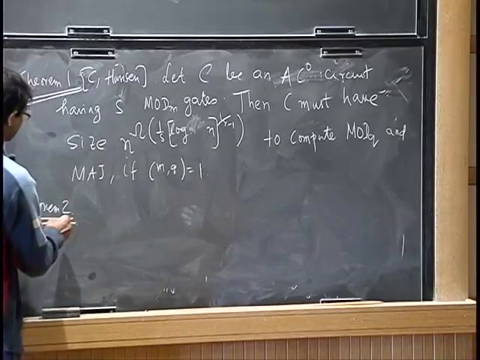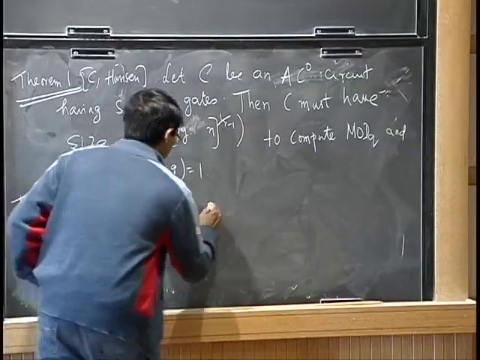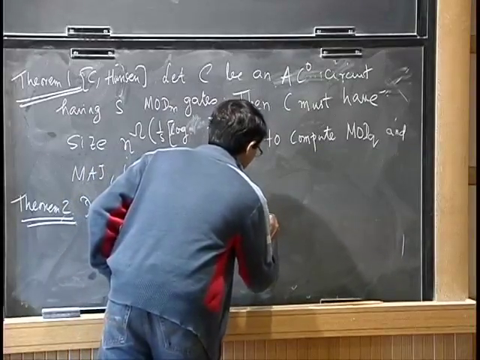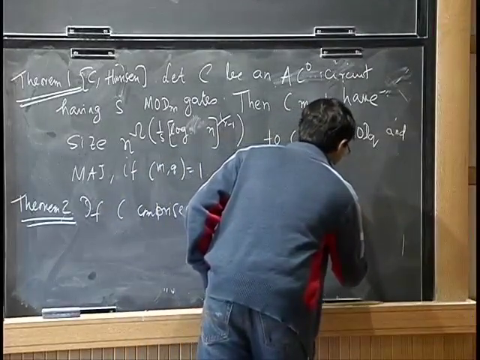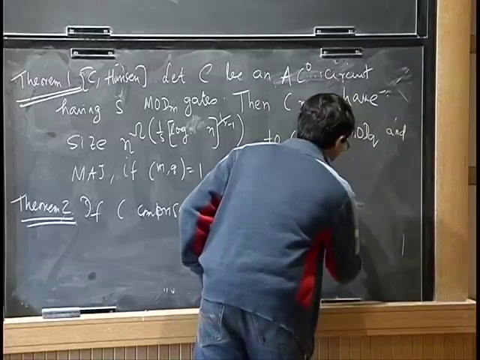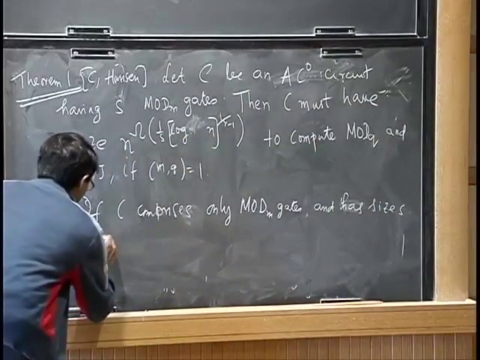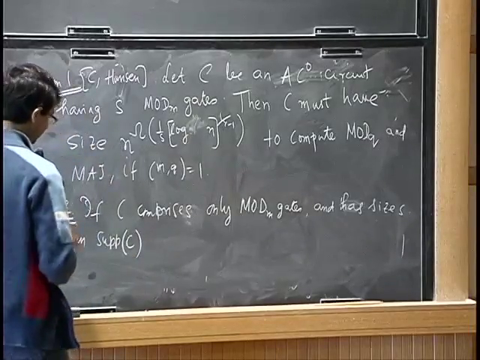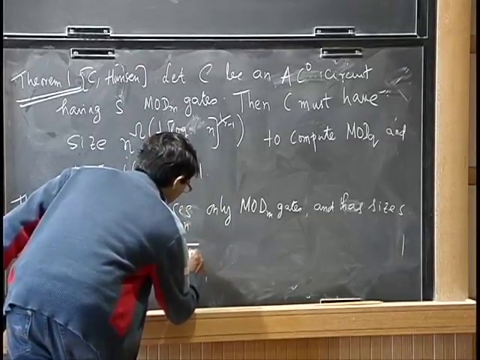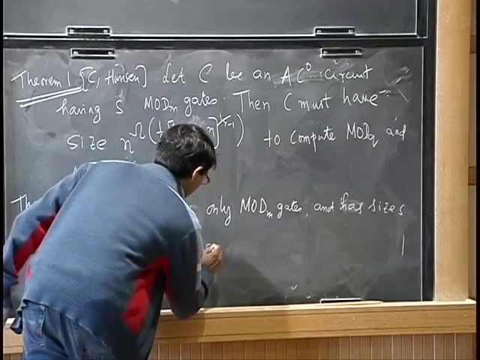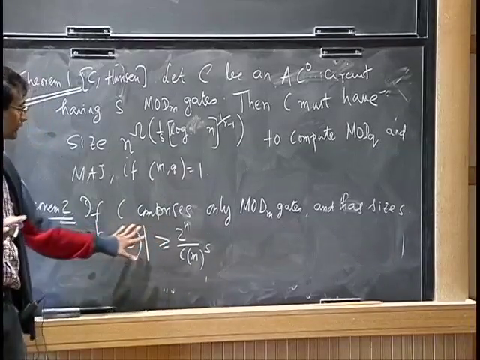And the other result is that if C comprises only MOD m gates, and has size S, then the support of C is at least 2 to the n over some constant that depends just on m, to the S. This is independent of depth, actually.